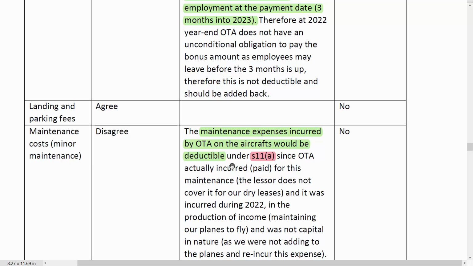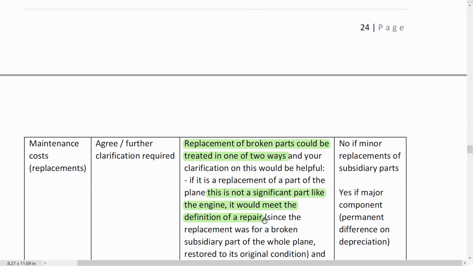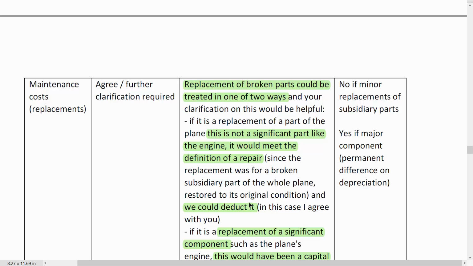Minor maintenance expenses would be deductible, though the candidate incorrectly identifies that it is deductible under Section 11A instead of being Section 11D. On the maintenance costs, the candidate continues that where there's been a replacement of broken parts, these could be treated in one of two ways. If it is not a significant part, well, then it would be a deduction as a repair, which is correct, but Julio has not gone through this particular process.